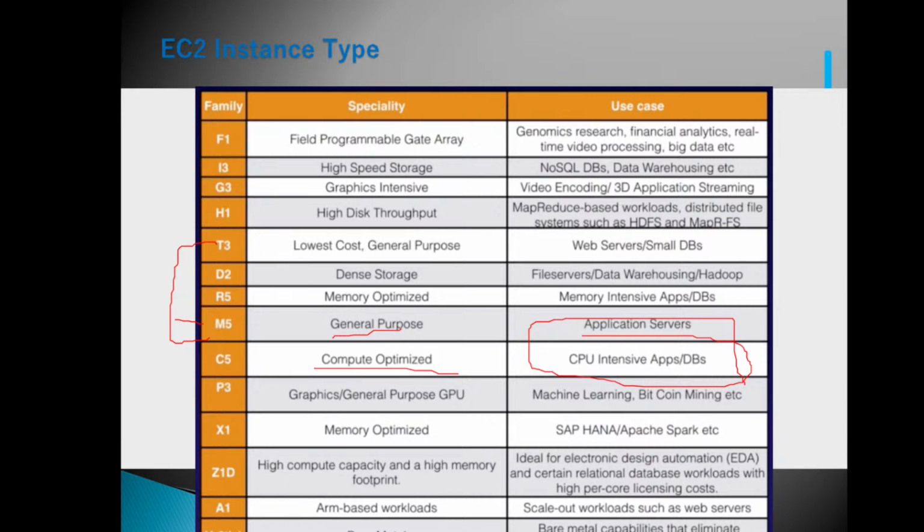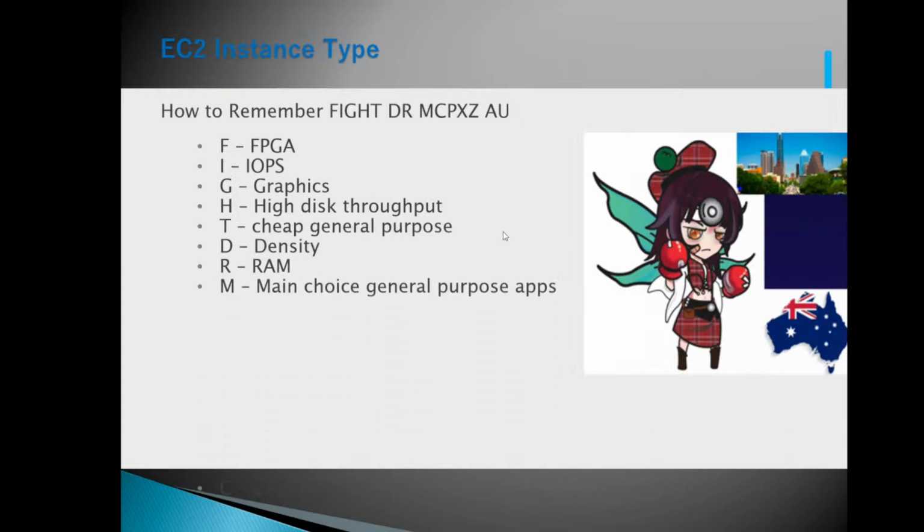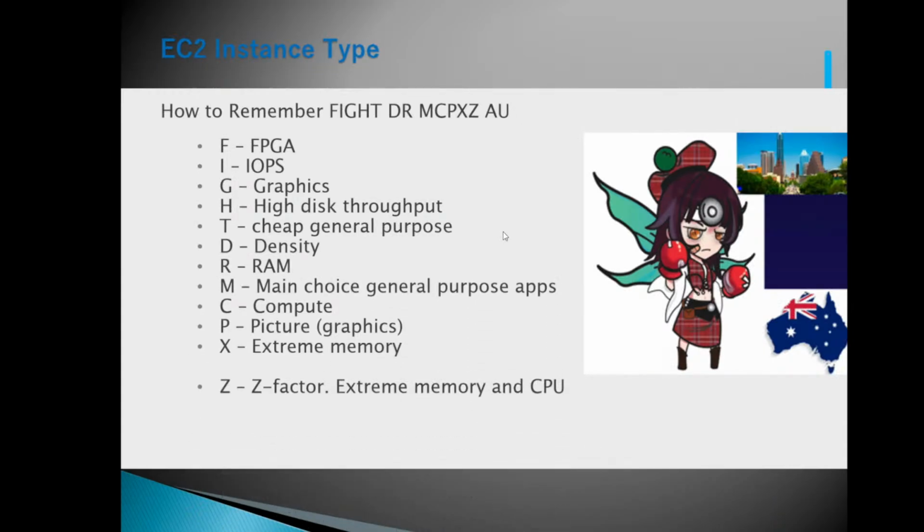You don't have to remember the names or the use cases, but it's good that you should know which types are available. If you want to remember, there is a mnemonic which you can learn. First is fight Doctor Mackenzie in Australia.